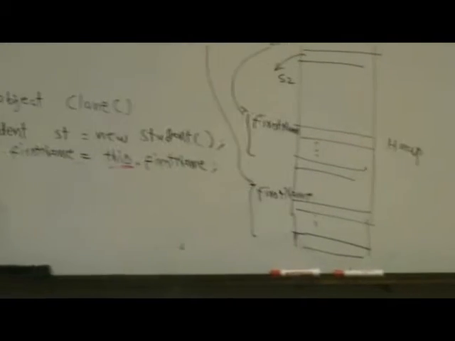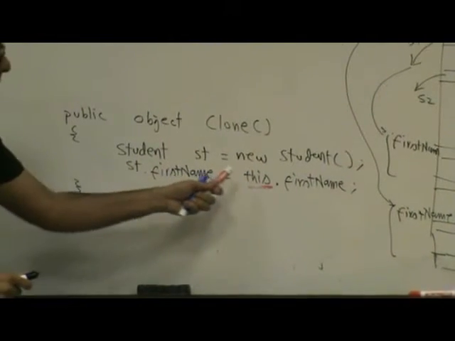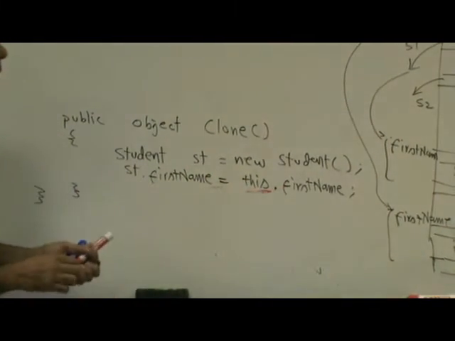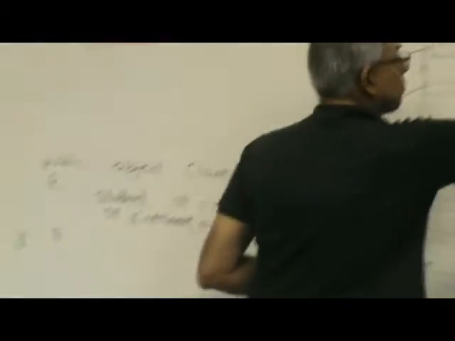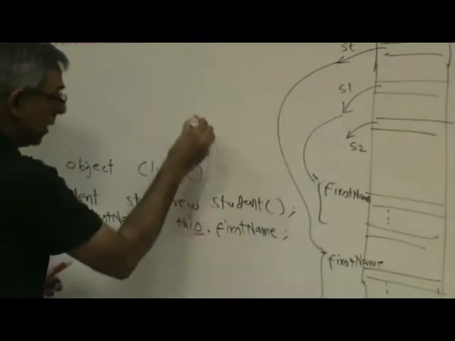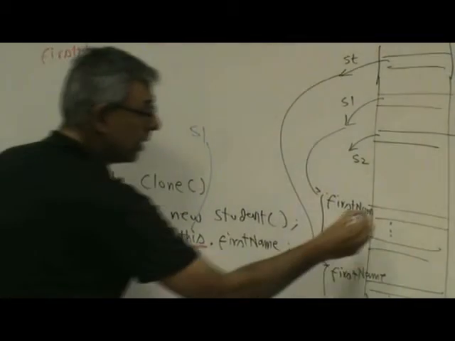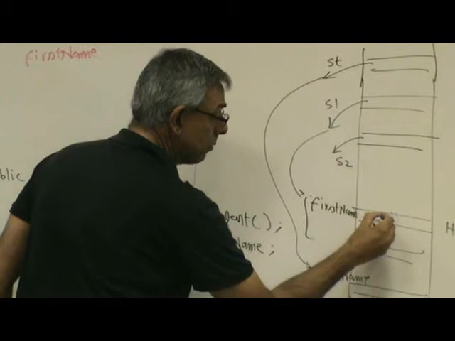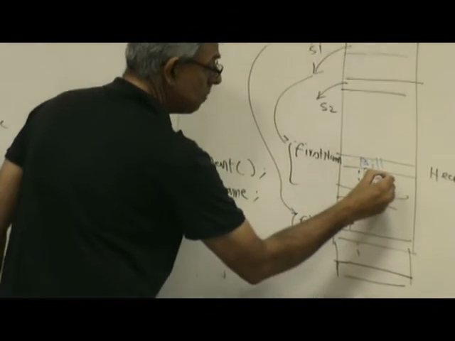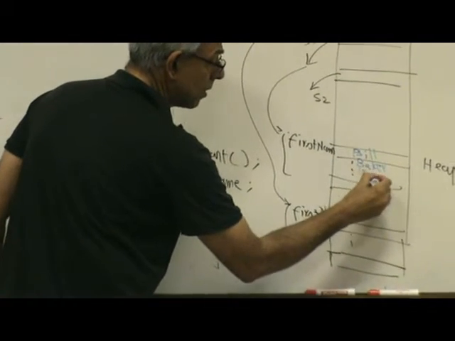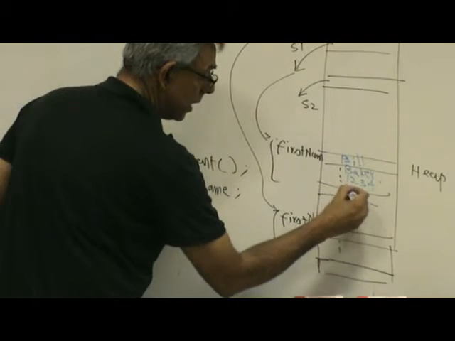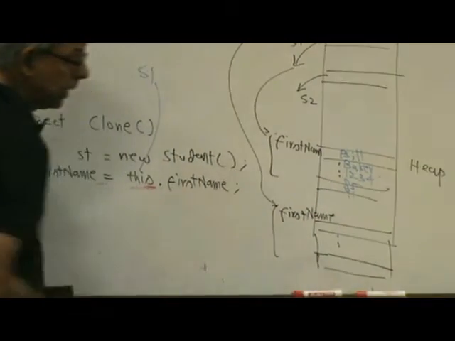Okay, so now once we say st.firstName = this.firstName, we triggered this through s1. So this is really s1's first name. Remember over here, let's say we had stored Bill, Baker, and 1, 2, 3, 4, 85, 91. Let's pretend, right?